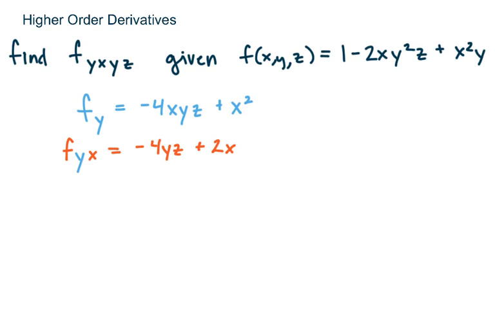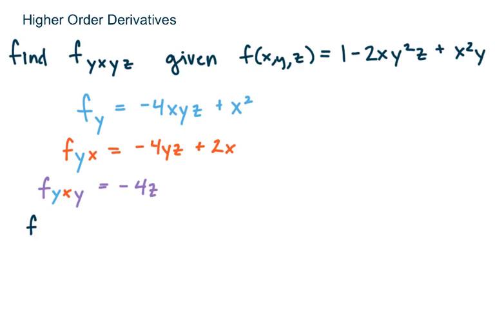All right, so now I'm going to take this partial derivative, first y, then x, and I'm going to apply y again. So differentiate with respect to y, z is a coefficient, so I've got minus 4z. x would be constant, so 2x is constant, and the derivative of a constant is 0.